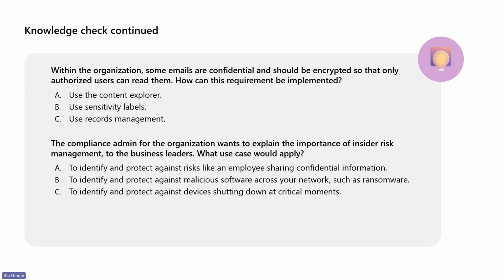That would be more endpoint. To identify and protect against malicious software across your network, such as ransomware, that'd be more Defender for Office 365, email and collaboration. So the answer must be A, to identify and protect against risks like employees sharing confidential information. Like I said, insider risk management is around exfiltration activities, outside of your known org, based on insider risk.